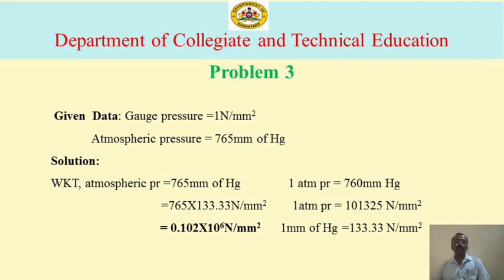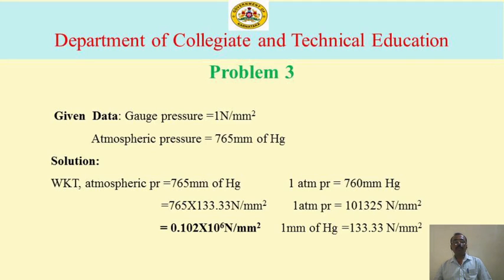That is equal to 765 into 133.33 Newton per millimeter square, since 1 millimeter of Hg is equal to 133.33 Newton per millimeter square, and 1 atmospheric pressure is equal to 760 millimeter of Hg, which is equal to 1.01325 into 10 to the power of 5 Newton per millimeter square.